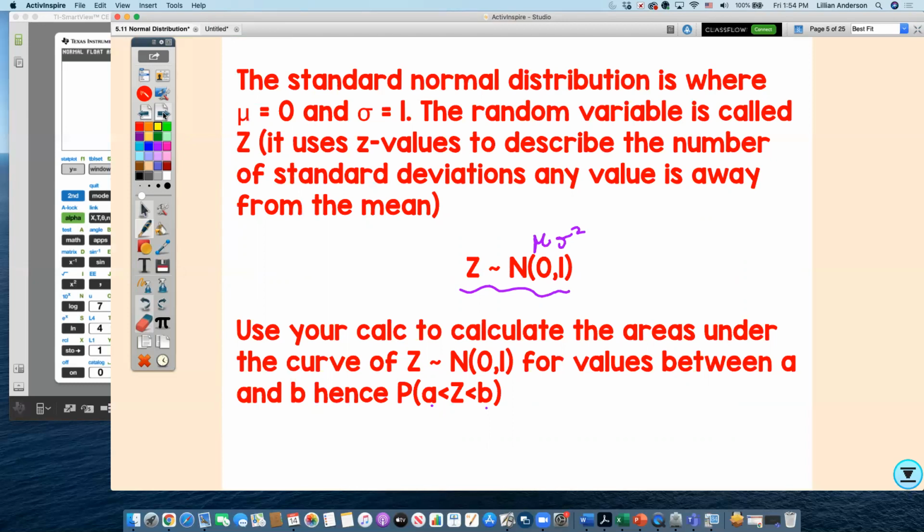The random variable used for a standard normal distribution curve is called Z, because it uses Z values to describe the number of standard deviations any value is away from the mean. That may sound like a lot, but essentially it represents the number of standard deviations away from the mean.